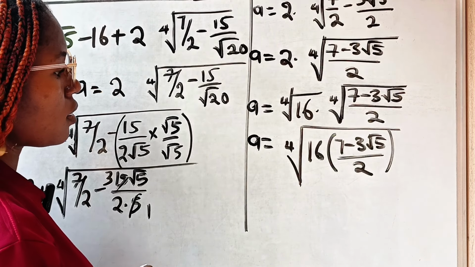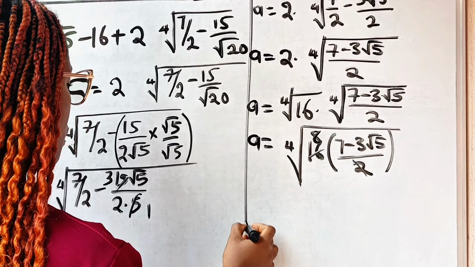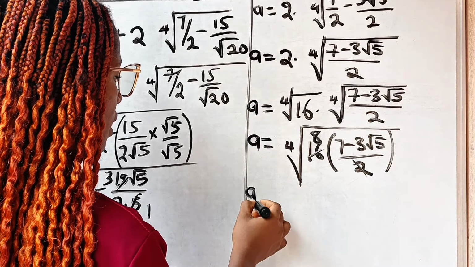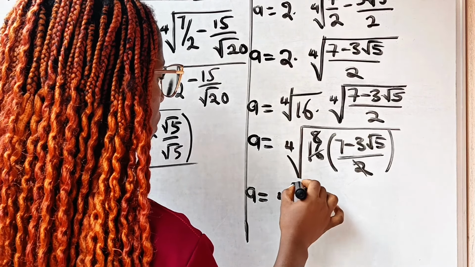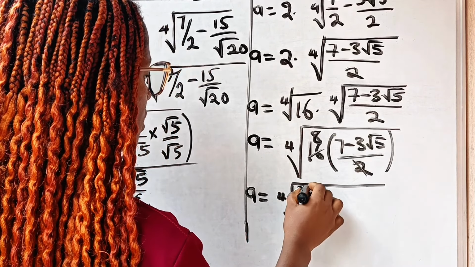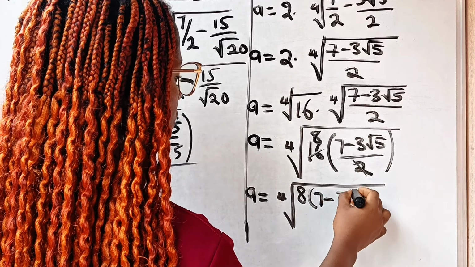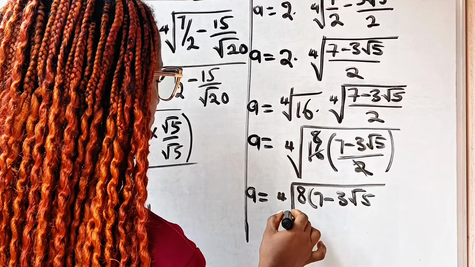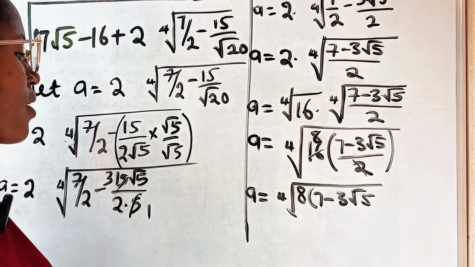Now 2 can divide 16 to give us 8. So now we have A is equal to the fourth root of 8 bracket 7 minus 3 root 5. Now it's becoming simpler.